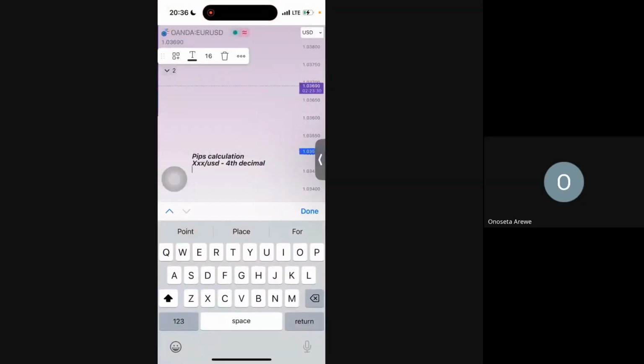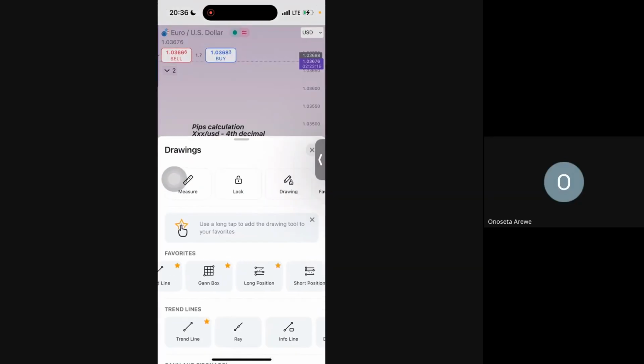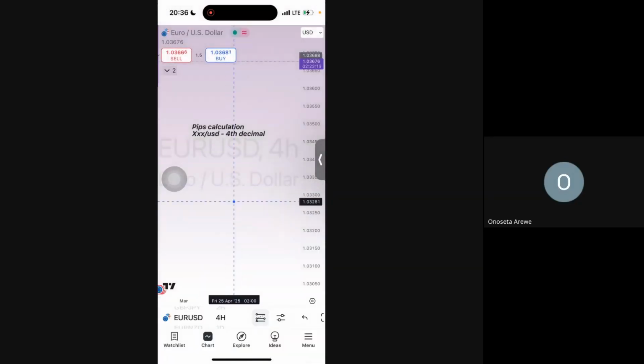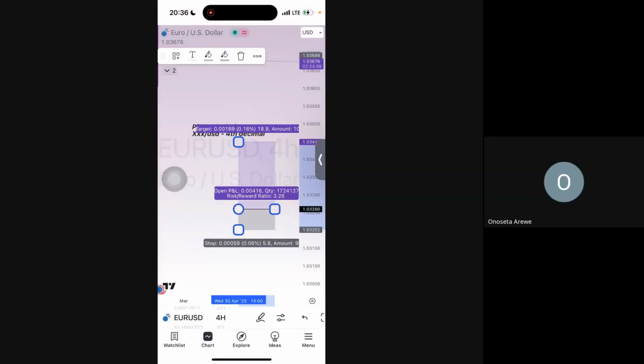Now, let me show you an example. This is EU. This is the position two.